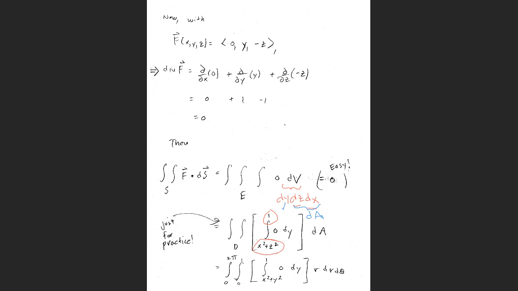Now the question is, do you want to continue with Cartesian coordinates, or do you want to use polar coordinates? Based on that region D from the previous page, which is going to work better, polar coordinates or rectangular coordinates?